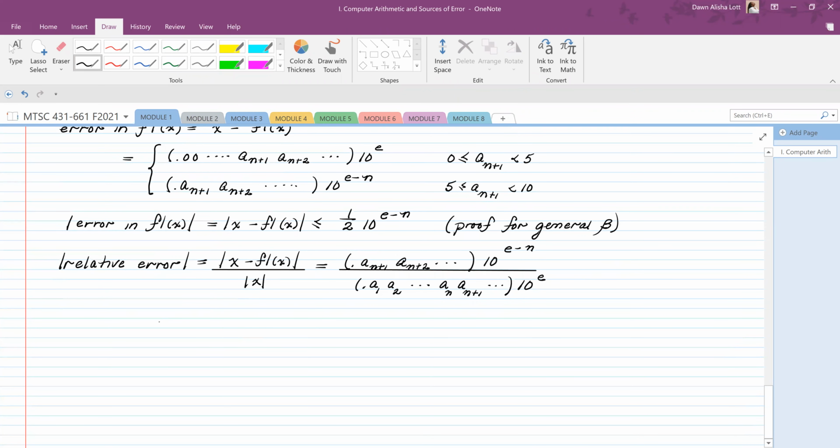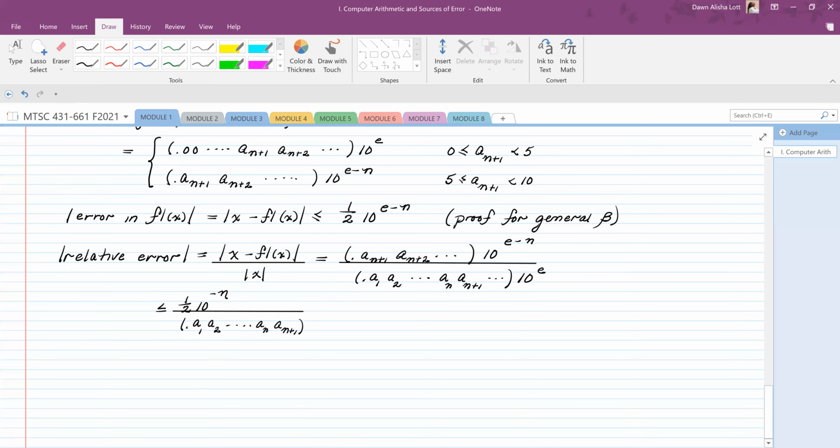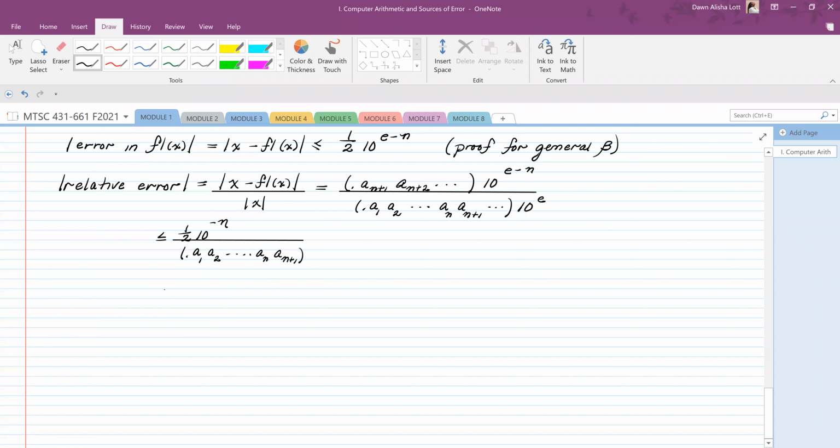So now this is less than or equal to 1/2 10 to the minus n divided by point a1, a2, an plus 1, and so therefore this is then equal to 1/2 10 to the minus n divided by 0.1.